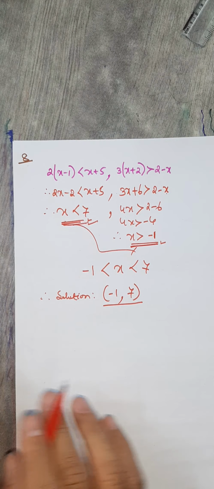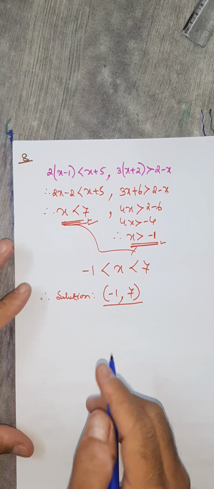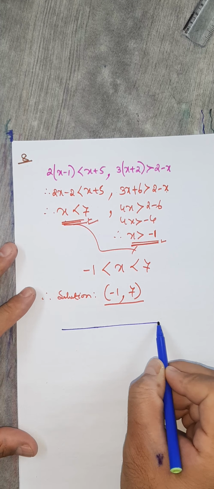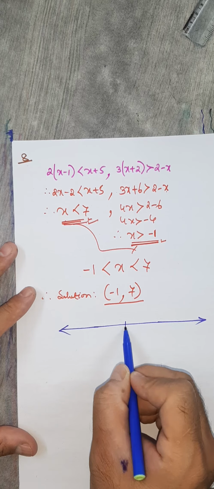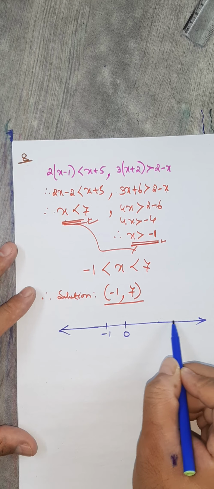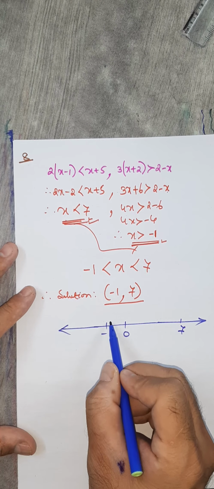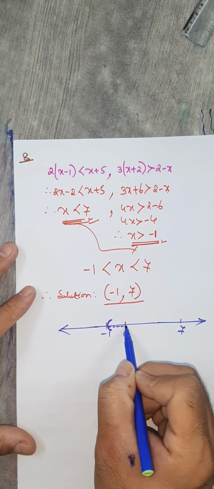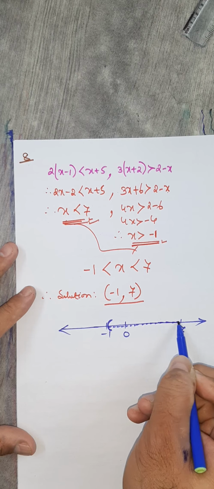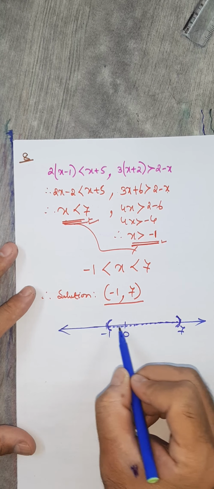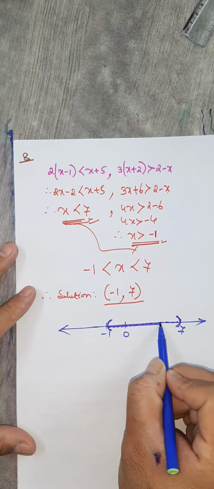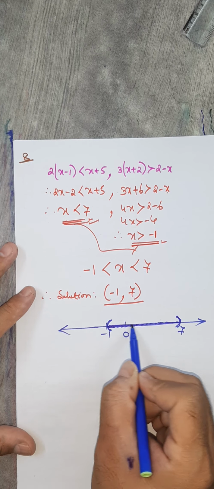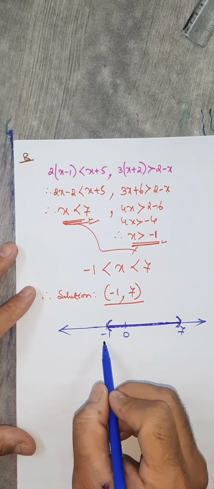Graphically, if I represent it, you will see on a line, this is a real line, 0, here you have minus 1, suppose here you have 7. Minus 1 is not included, so from minus 1 to open interval 7, 7 is not included. From minus 1 to 7 here.